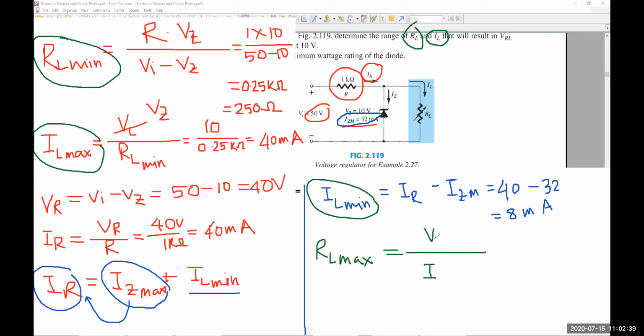V is equal to VL or VZ because that is fixed. What is I? I is equal to IL. Now remember, when you are finding the maximum resistance, you have to use the minimum current. Got my point? Minimum current means maximum resistance. So VZ is equal to 10 volt and IL minimum is equal to 8 milliampere.